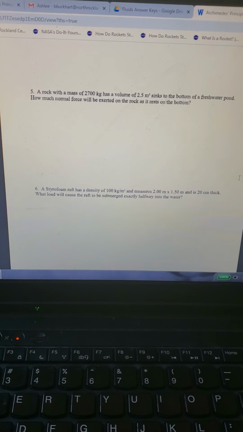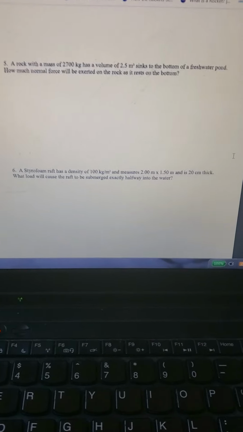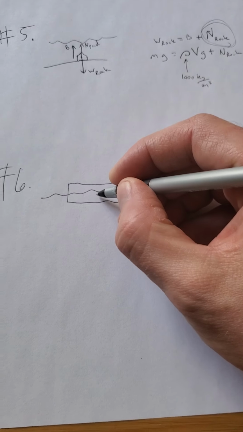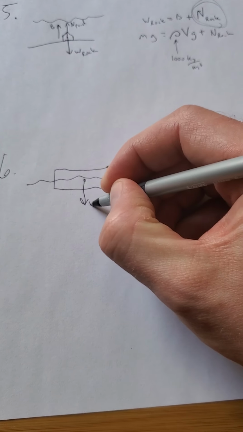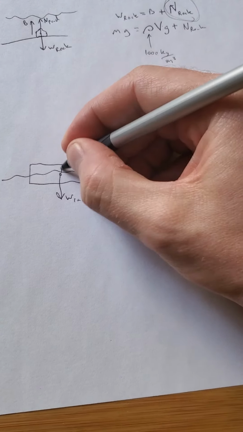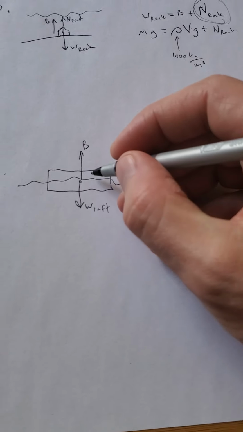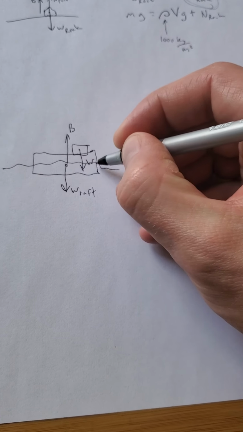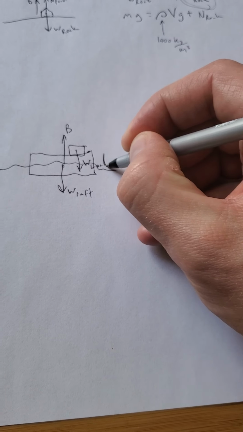If we do our force body diagram, they give a very important stipulation. What load will cause the raft to be submerged exactly halfway into the water? So when we set up our force body diagram, we know that the raft weighs something. We know that there's a buoyant force from the water pushing up on the raft. And we also know there must be some additional weight of something on top pushing down. So we got 3 forces.